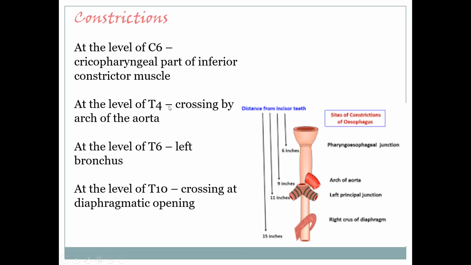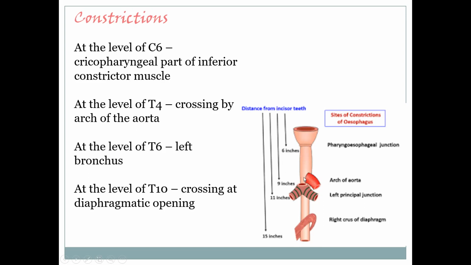So there are four main constrictions in the esophagus. First one is at the level of the C6 vertebra. It is caused by the cricopharyngeal part of the inferior constrictor muscle. Second one is at the level of the T4 vertebra.